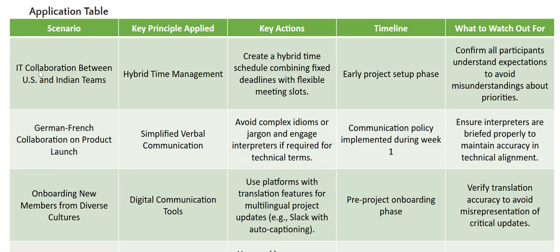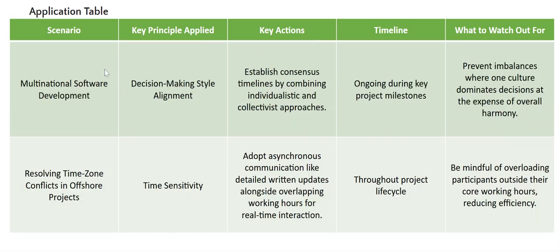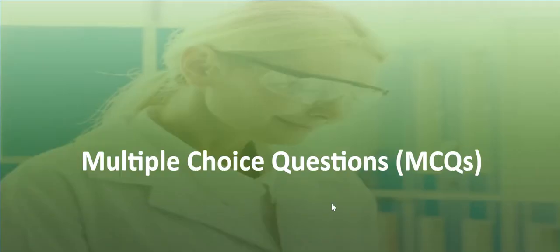Continuing with scenarios: IT collaboration between US and Indian teams, German-French collaboration on product launch, onboarding new members from diverse cultures, adapting training programs for global teams, multinational software development, and resolving time zone conflicts in offshore projects. Then we will revise what we have covered through this lecture through some multiple choice questions.